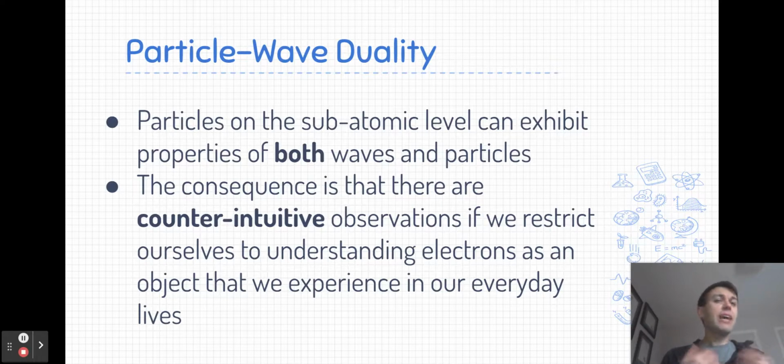And this is very counterintuitive because we don't experience this at the everyday or macro level. So we can't really use analogies of thinking about electrons like little spheres to appreciate how electrons actually exist. So this is always one of the challenges with the quantum model, that we need to suspend our disbelief that electrons can do things that objects at the everyday level cannot.